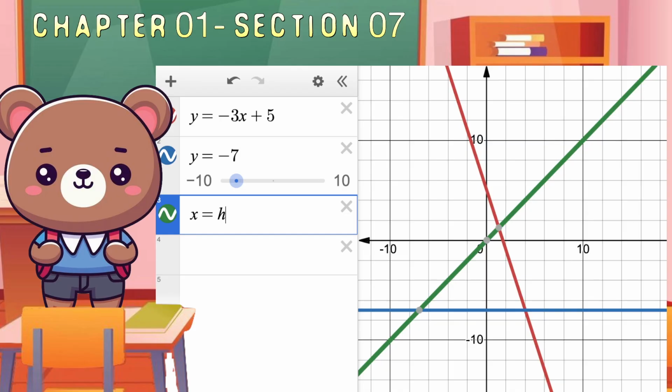I don't, what is this doing? Can I not do a vertical line? I thought I could.